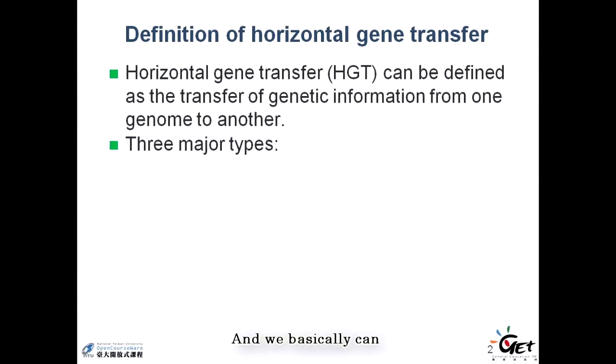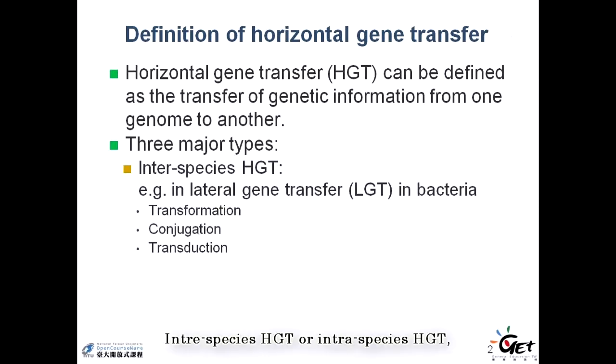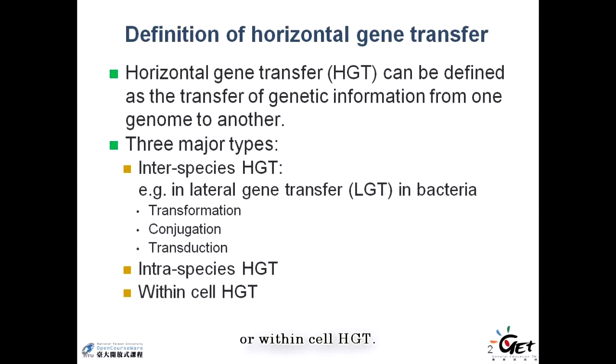We can categorize HGT into three different categories: interspecies HGT, intraspecies HGT, or within-cell HGT. And there are many cases for all the different categories. The interspecies HGT, of course, includes those hybridization events.